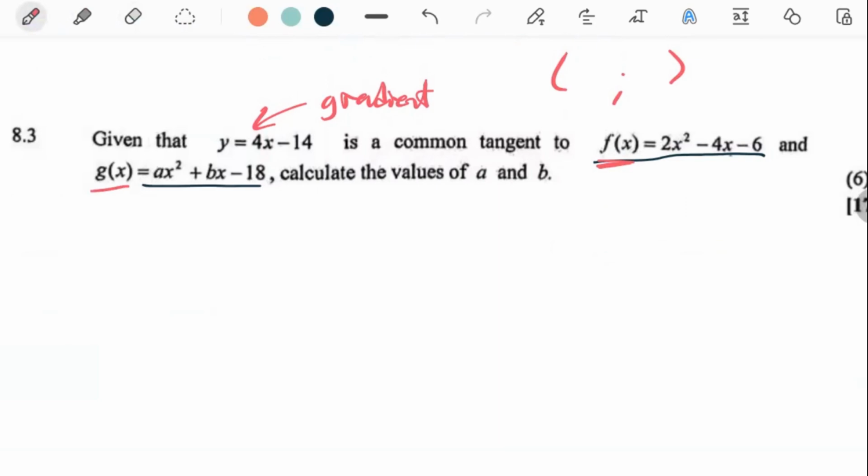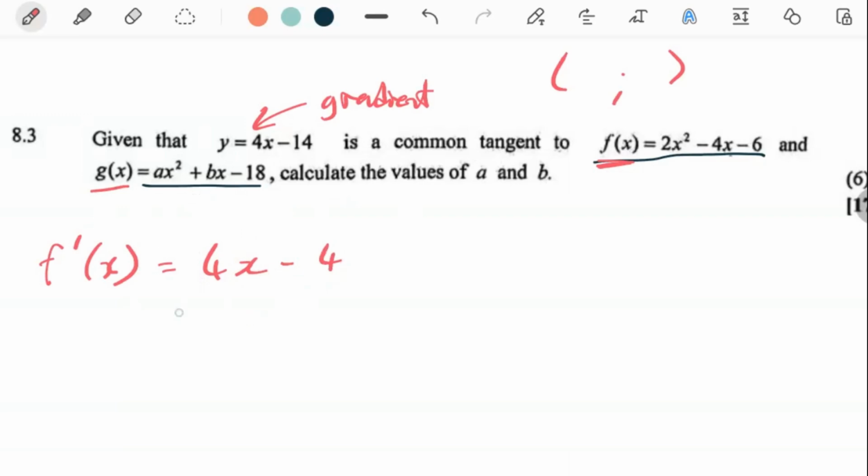So let's get more information about where this gradient of positive 4 is. The reason why I'm focusing on the positive 4 is because that's the first concrete piece of information that we have regarding this parabola, or regarding this question in general. So if you differentiate your f of x, you're going to get a gradient equation. Differentiating f of x, we have here 4x minus 4.